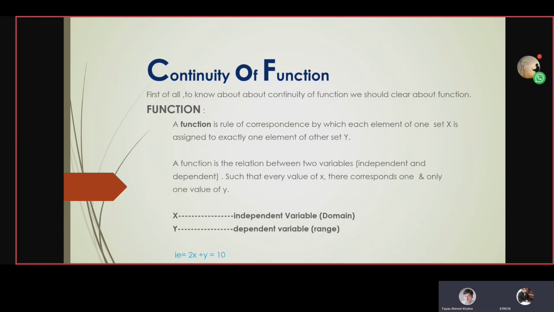What is a function? A function is a rule of correspondence by which each element of one set X is assigned to exactly one element of another set Y. It is a relation between two variables, independent and dependent, such that for every value of X there corresponds one and only one value of Y. X is the independent variable, the domain, and Y is the dependent variable.